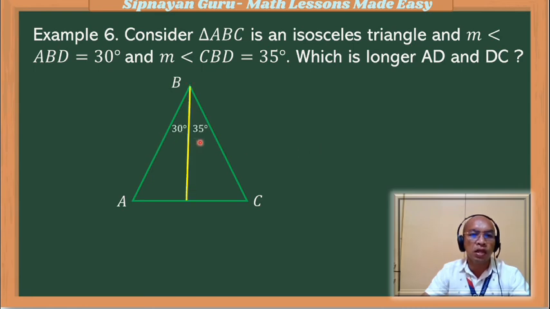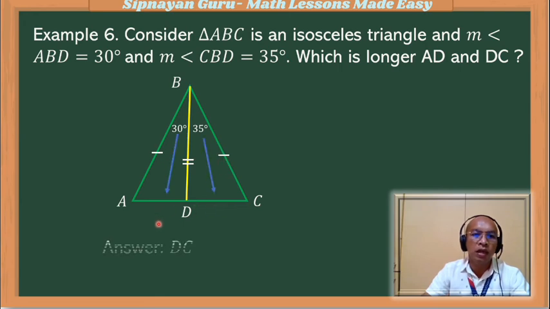So these sides are equal. This is the common side to these two triangles, so by the reflexive property, this side is also equal. What is asked? Which is longer, AD or DC? Basically, the side opposite the larger angle will be the longer side. So side DC is longer than AD.